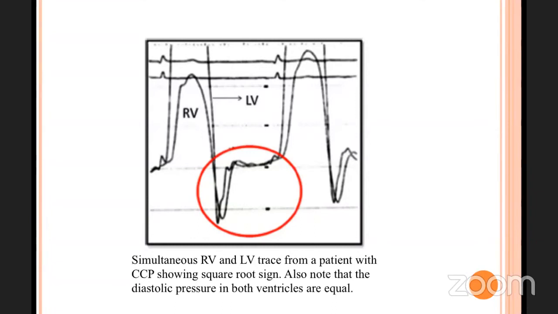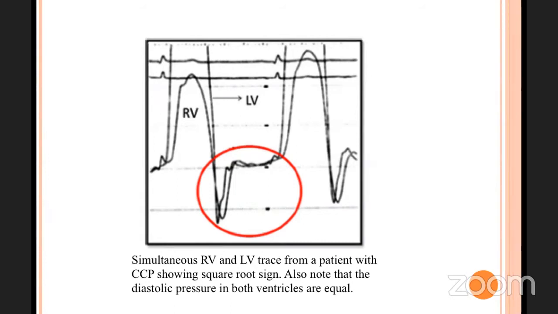So it becomes what we call a square root sign. That means almost all the filling occurs within the first one third of diastole and no filling in the rest of the two thirds of diastole. This is very typical of constrictive pericarditis.